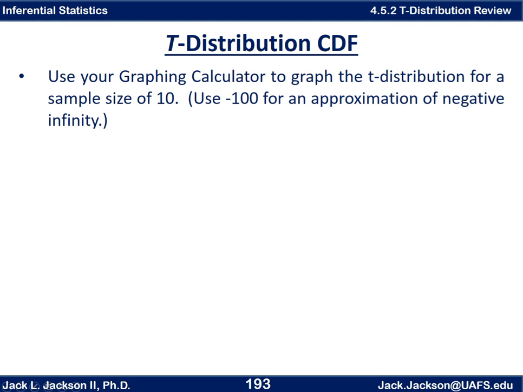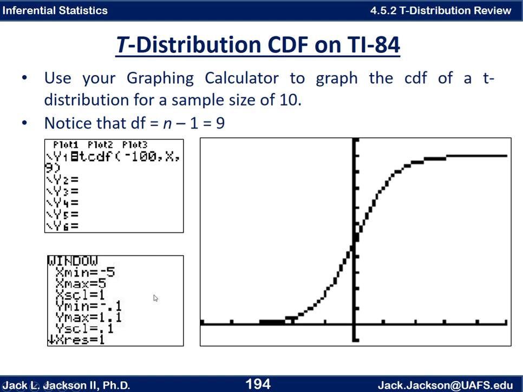So once again, go ahead and do this, and come back when you're done. Press pause now. So the way you do this is you do T-CDF from -100 to x, 9. And this works exactly like this would have been normal CDF. Same thing. And the graph looks pretty similar to a normal CDF as well.